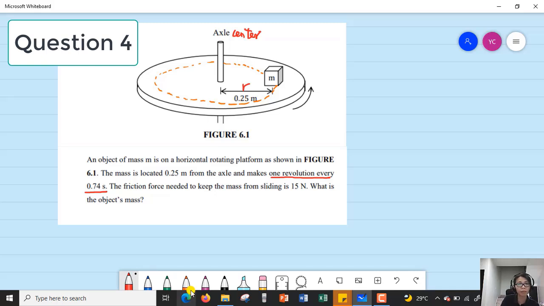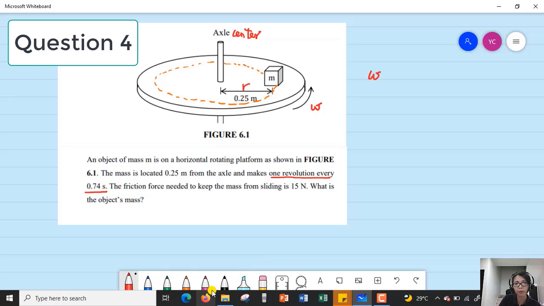From this statement we can know how fast the mass or the rotating platform rotates. So from this statement we can calculate the angular velocity, how fast this thing rotates. Okay, we can refer to our notes.